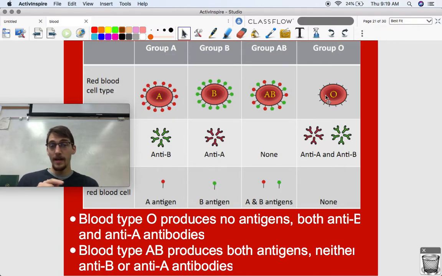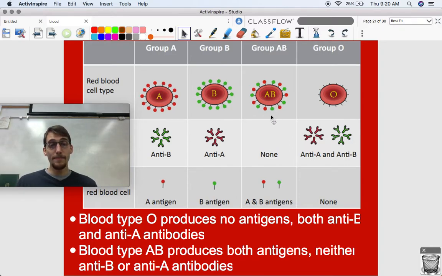So if you're blood type O and you get A or B or AB donated to you, you're going to die. Sorry. But if you're AB, look, you're producing both A and B antigens. That means you produce neither anti-A nor anti-B antibodies.